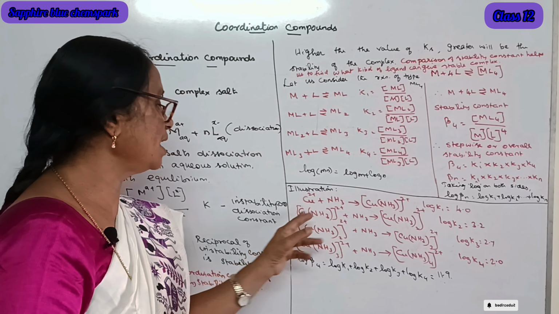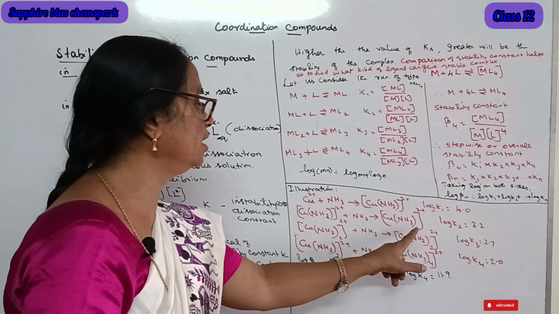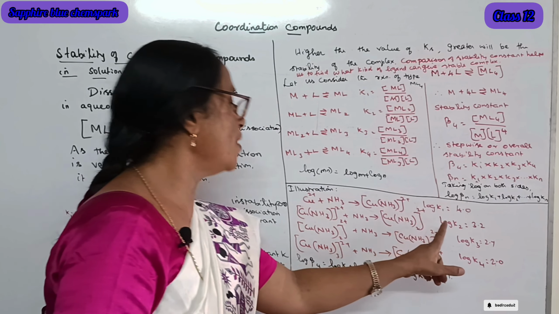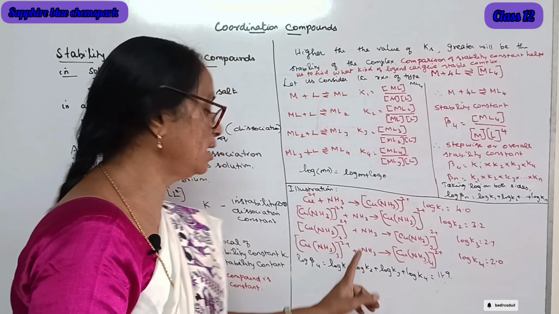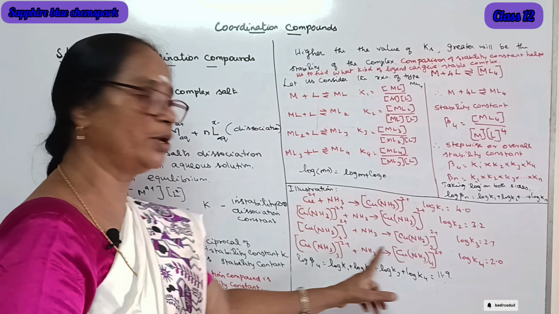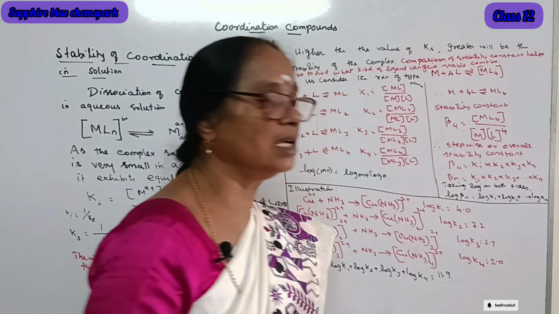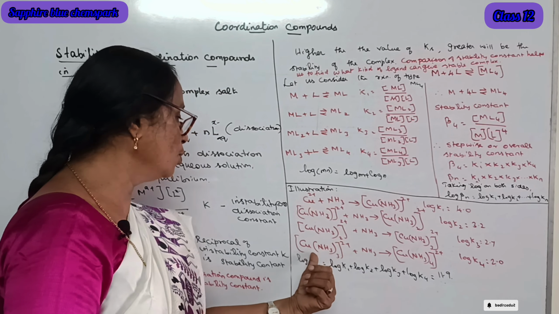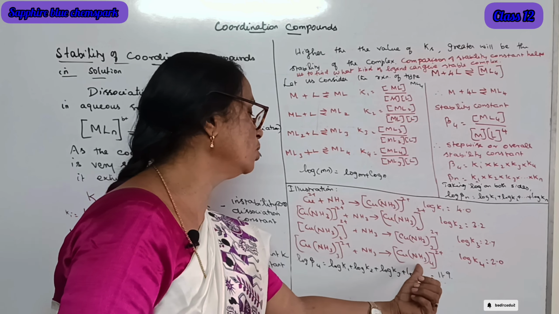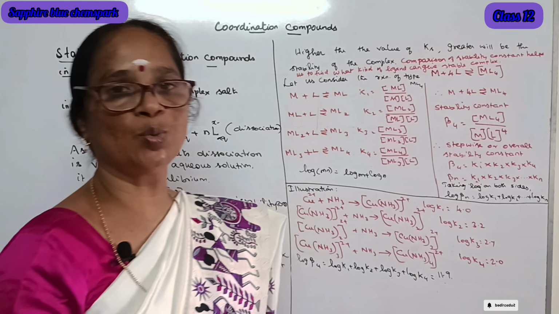For the second step, that amine complex reacts with one more mole of ammonia, it forms diamine, for which log K2 equals 3.2. To the diamine, I can add one more mole of ammonia, it forms triamine. In this case, log K3 equals 2.7, and finally, it reacts with one more mole of ammonia to form tetraamine, for which log K4 equals 2.0.